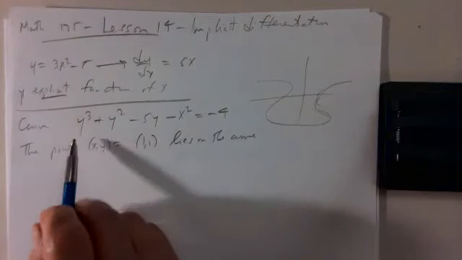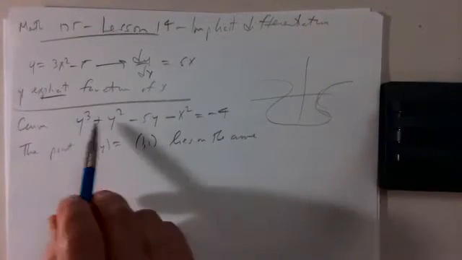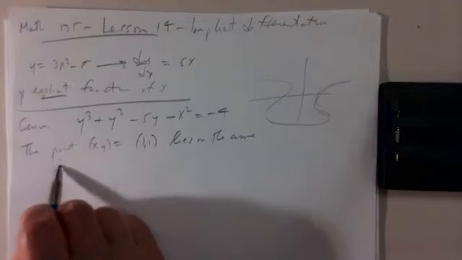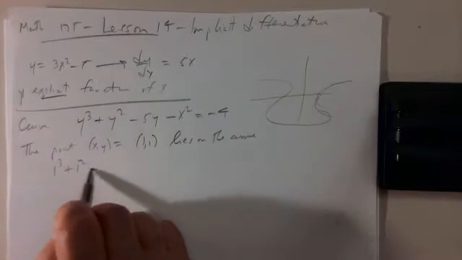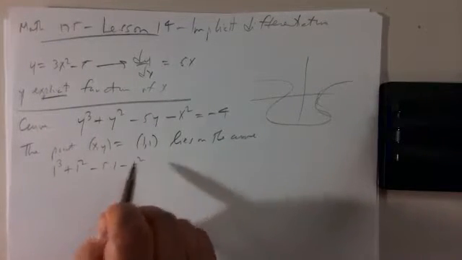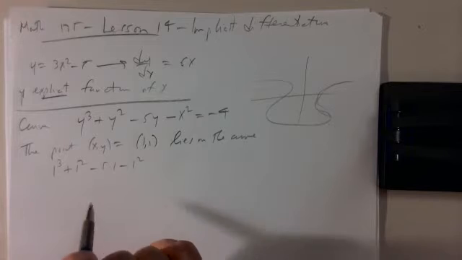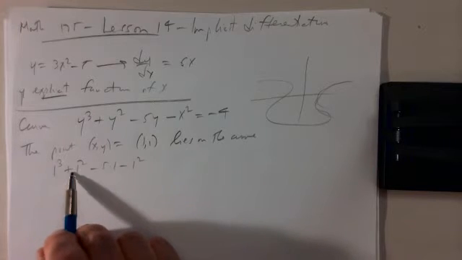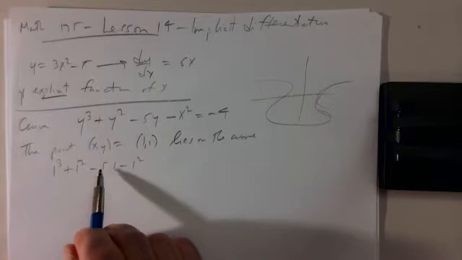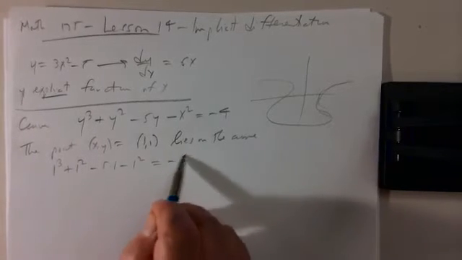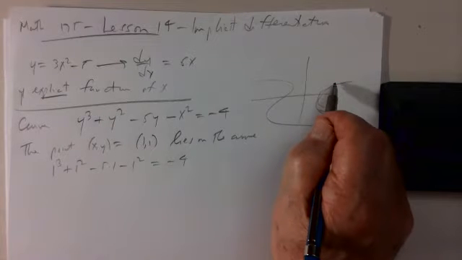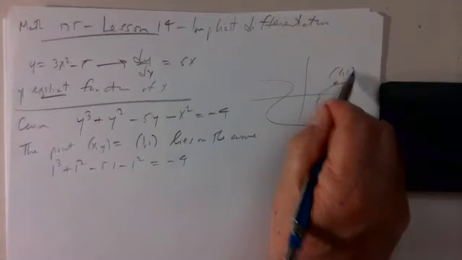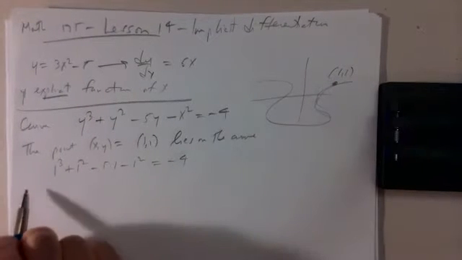How do we know that? Because if you plug in x equals 1 and y equals 1, you get 1 cubed plus 1 squared minus 5 times 1 minus 1 squared. What is that? That's 2 minus 5 is minus 3, minus 1, that is minus 4. So this point, (1, 1), lies on the curve.